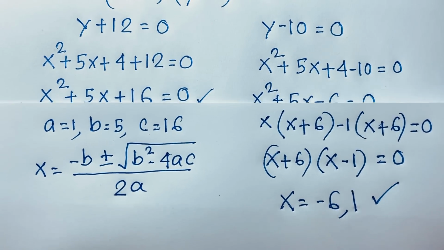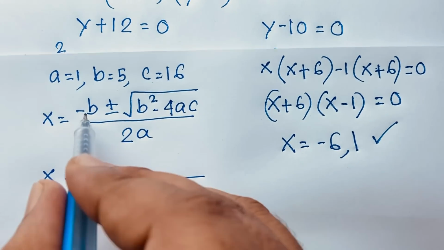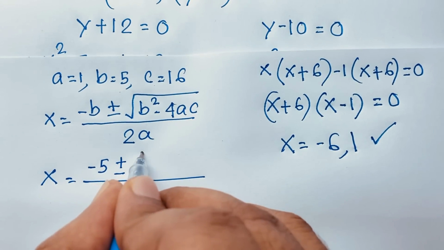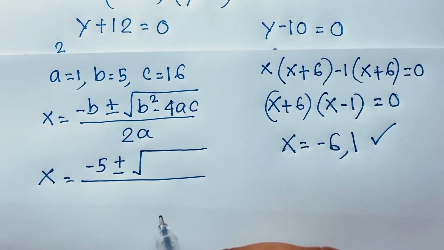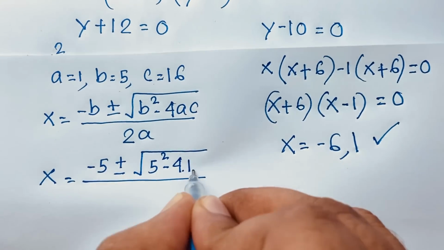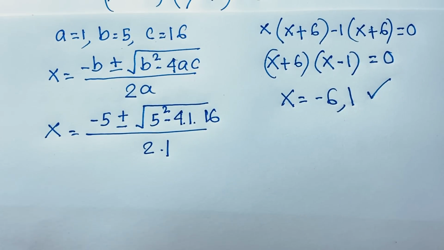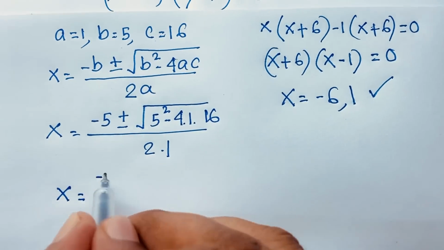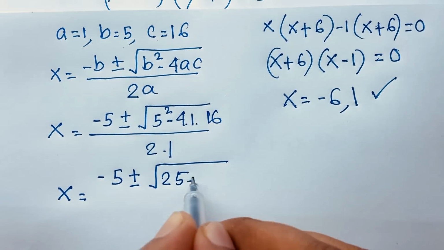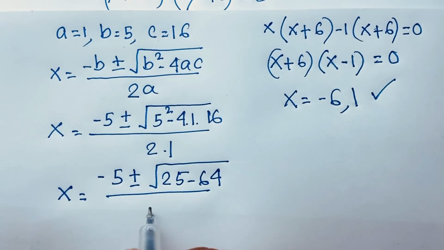Now x will be minus b, b is 5, so minus 5 plus minus square root of 5 square minus 4ac over 2a, a is 1. Now at this moment x will be minus 5 plus minus square root of 25 minus 64 over 2 times 1, which is 2.